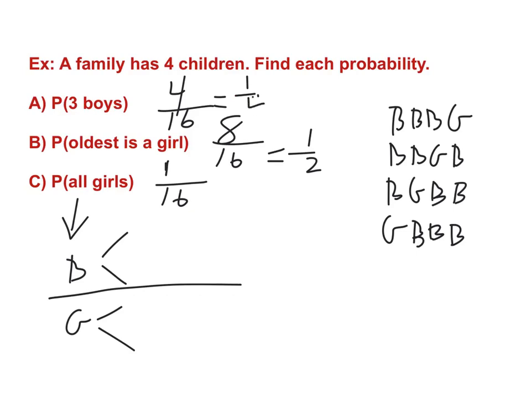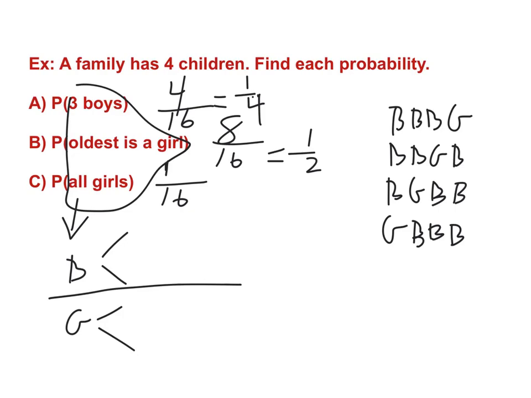Now, the key thing here that you're struggling with is creating the sample space. Whether you use a tree diagram or a list like I did on the right, I don't care what you use. But you got to make sure that you have the total. And in order to calculate these different events, you probably want the entire sample space. And yes, does that mean writing out 16 things?